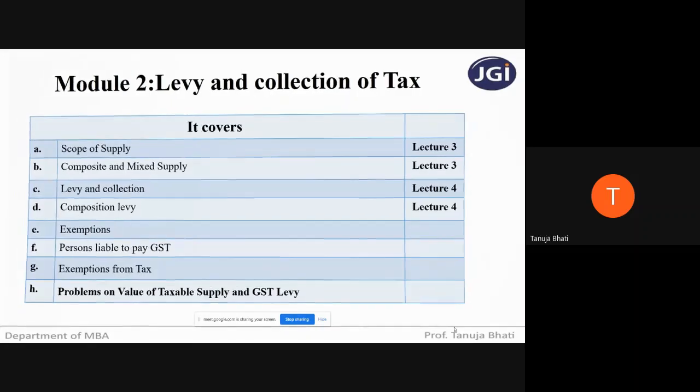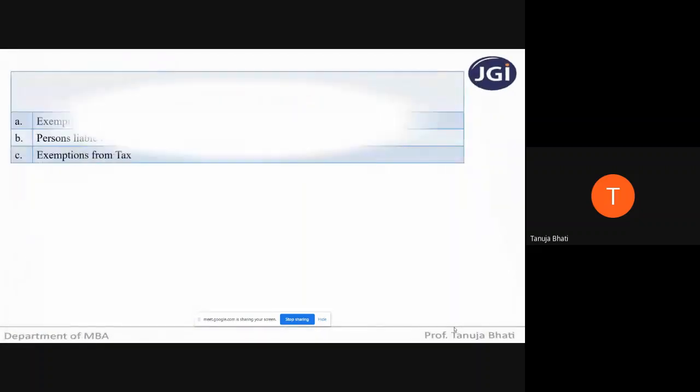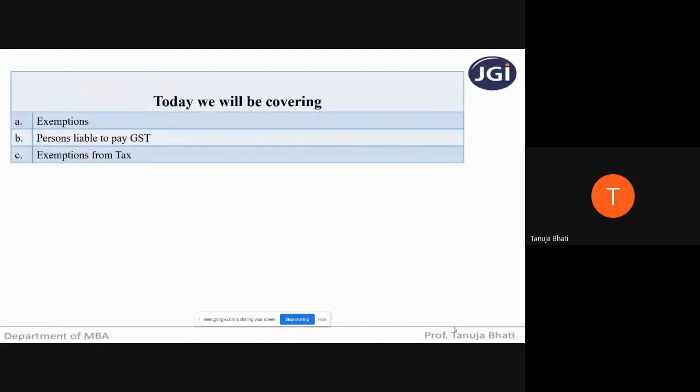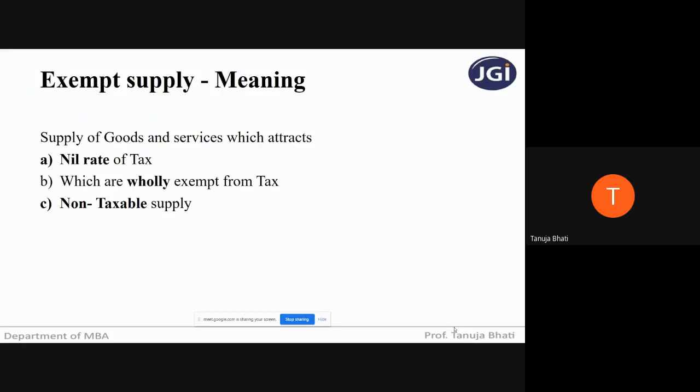So today we will be seeing what is exemptions under GST, who are the persons that are liable to pay GST, and what are the several exemptions from tax that is given under GST. Before we understand what is exemptions under GST, let us first understand what is exempt supply.